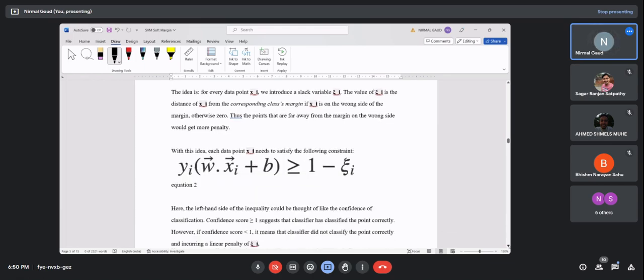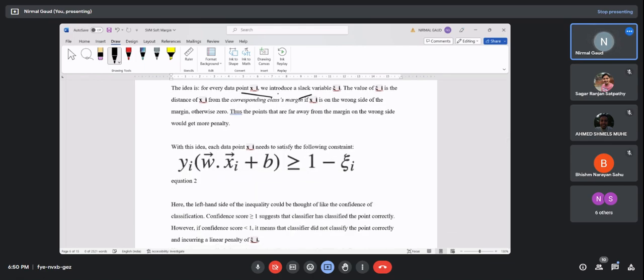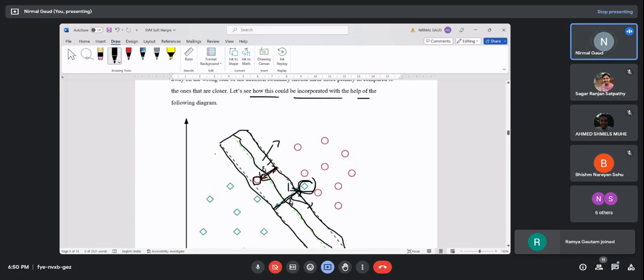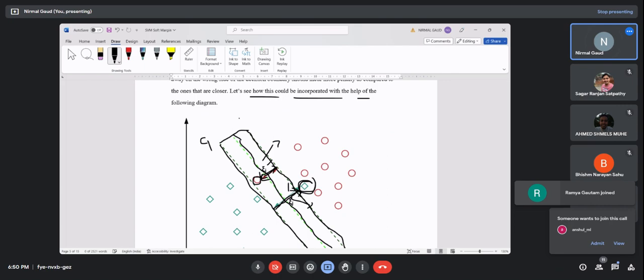They are saying that the idea is that for every data point, you have to introduce a slack variable. For every data point which has been misclassified, you need to introduce the slack variable, and this value is the distance of xi from the corresponding class margin. These lines are said to be the class margins. This is your class margin for green, and this is your class margin for red.